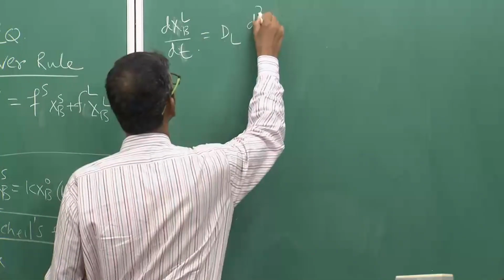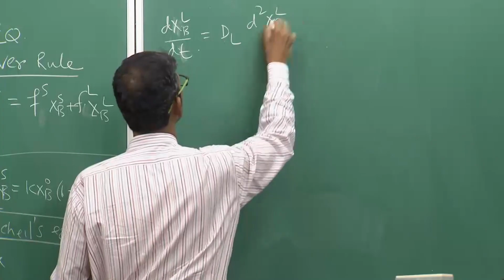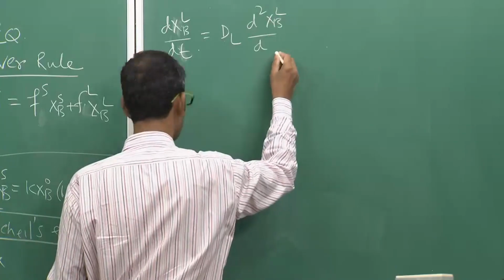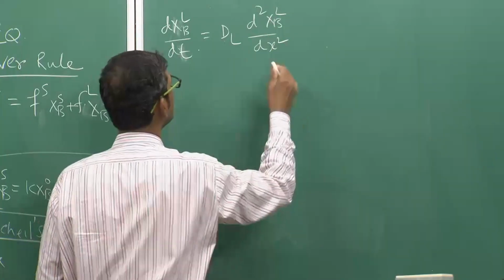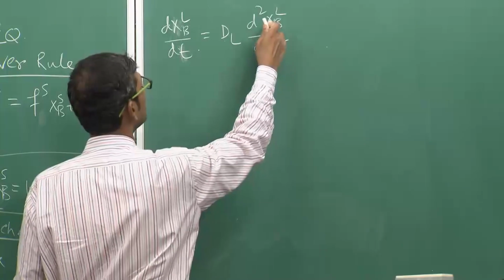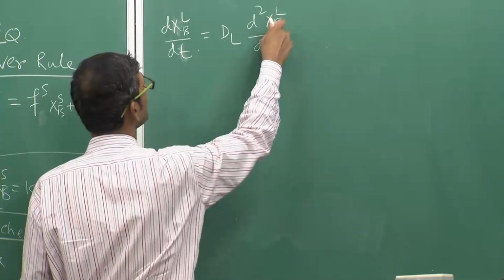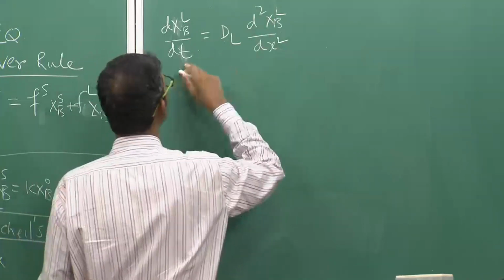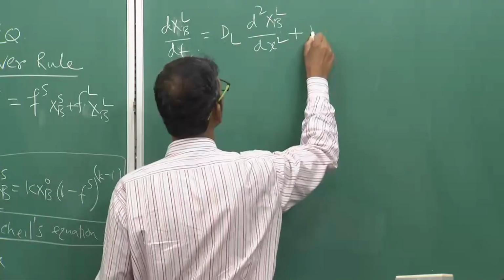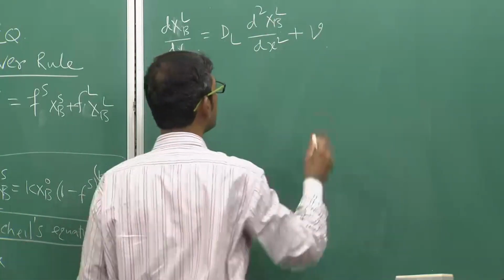TL in the space and time, small x is the space, capital S, when you have superscript, subscript, tells you the composition, the small t is the time, plus v is the velocity of the interface.